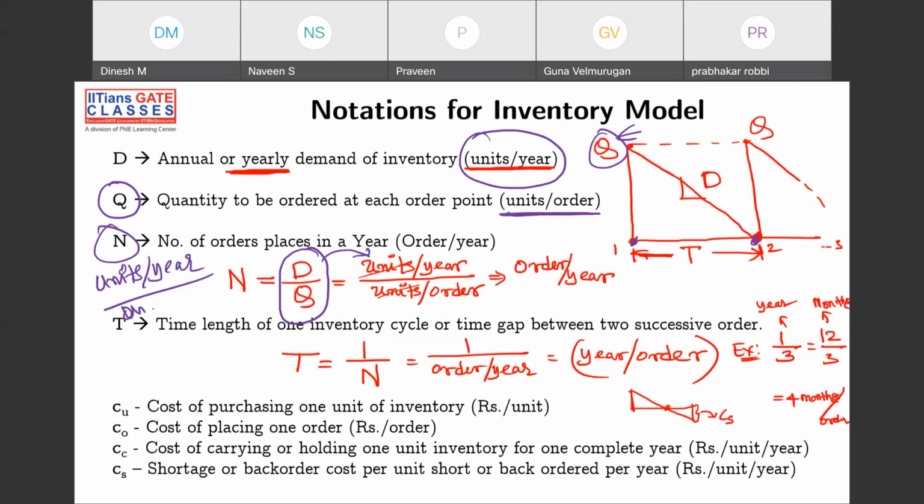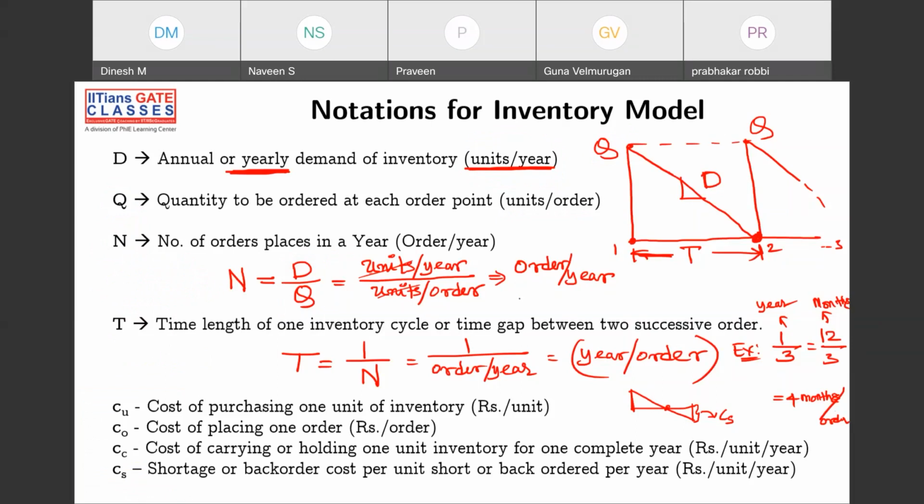Units get cancelled: 1 by year by 1 by order, so order goes to the top, giving orders per year. That is what I have written here. Order per year, in the sense, how many orders in a single year. That is the number of orders in a year.